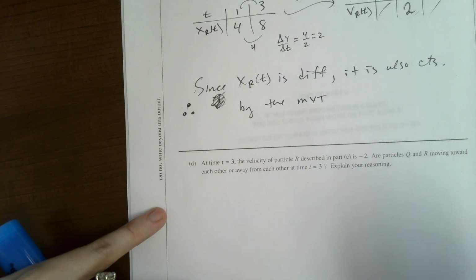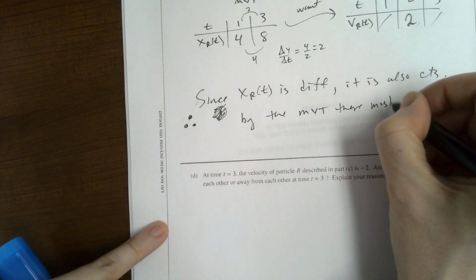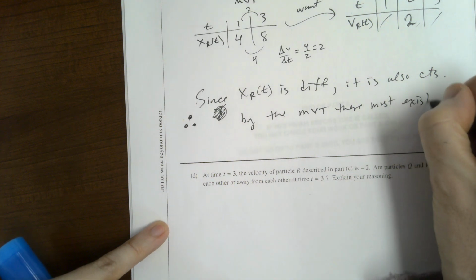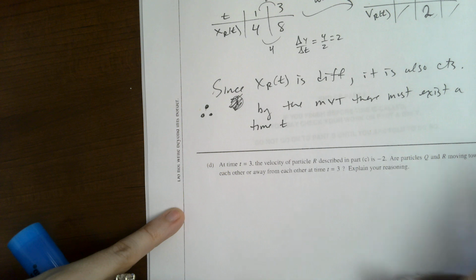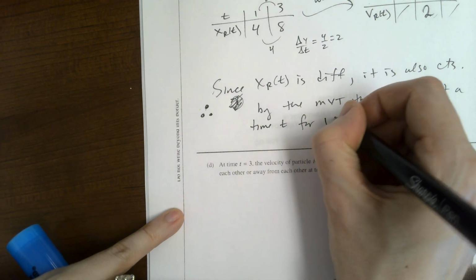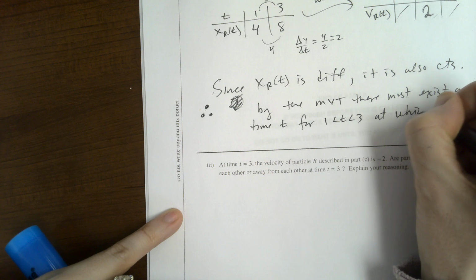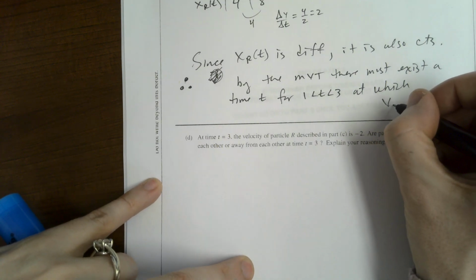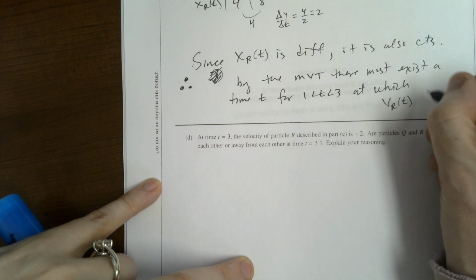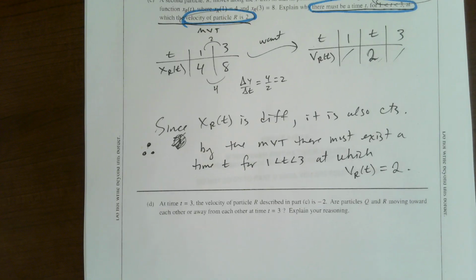Therefore, by the mean value theorem, and then I just repeat this, there must exist a time t for 1 < t < 3, at which, and we could use notation, v sub r of t equals 2.